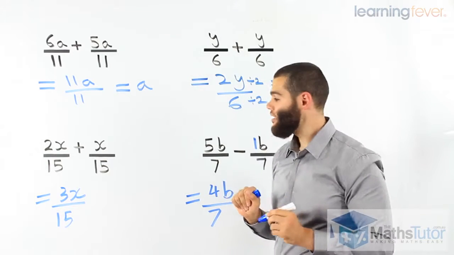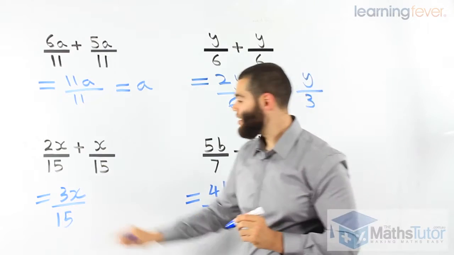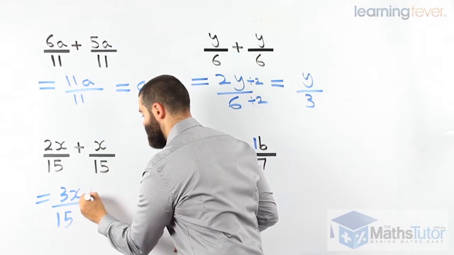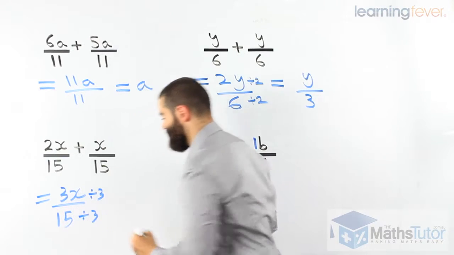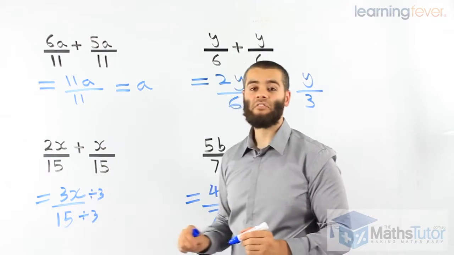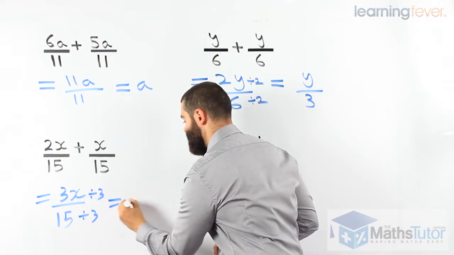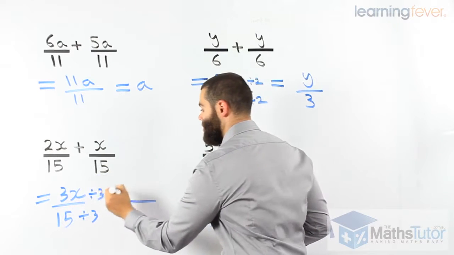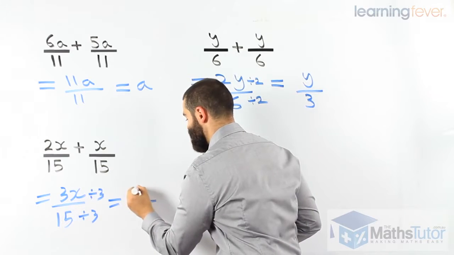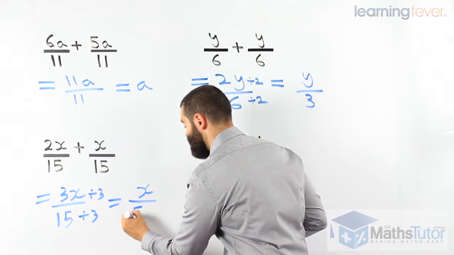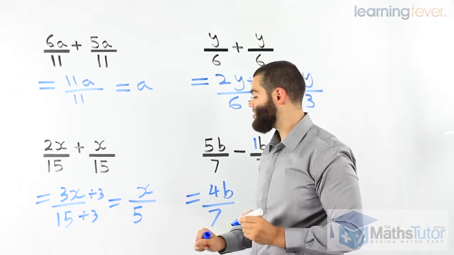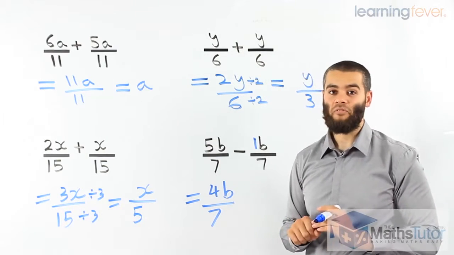Can we simplify 3x over 15? Yes, we can. 3 over 15, we know the highest common factor is 3. 3 goes into 3 and 3 goes into 15. So 3 divided by 3 is 1x or just x. And 15 divided by 3 is 5.